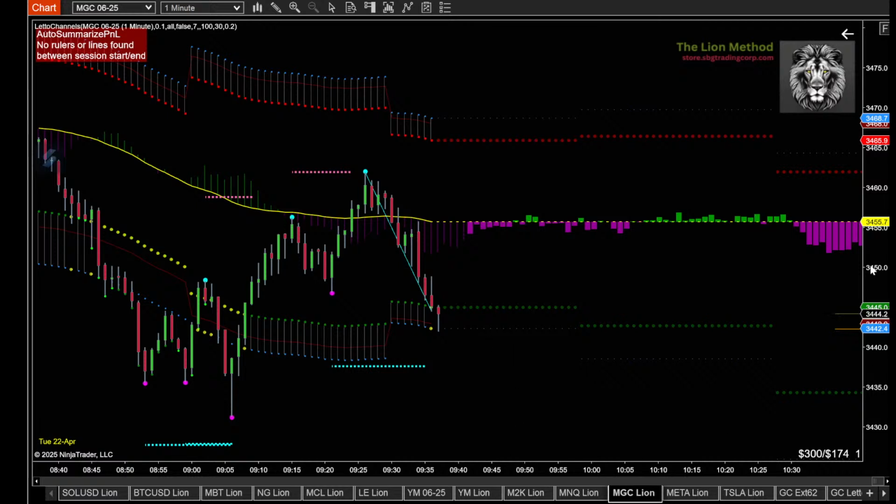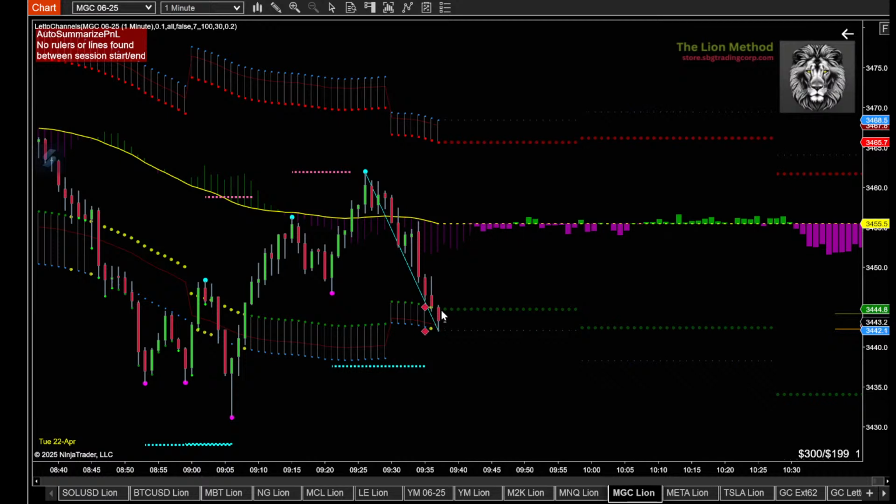Now, the Lion system does not want you to go buying above the 100. The entry dot needs to be below the 100 in order for it to be valid, and the further away it is from the 100, the better. Like this one was pretty good. We were far away when we went long here, and that's what we want. We want to be far away from the 100.